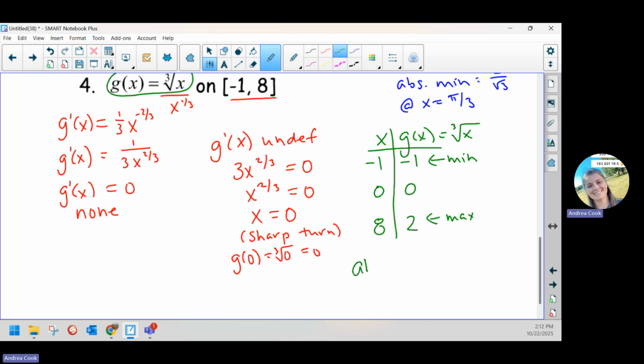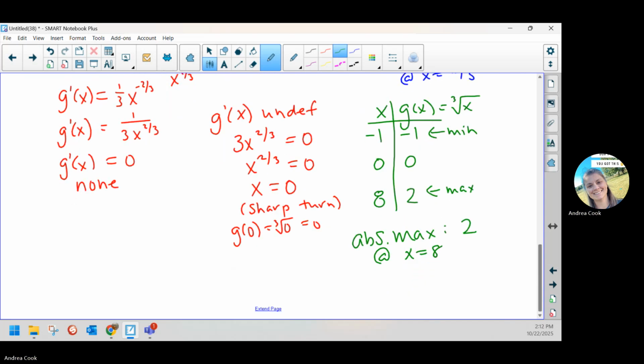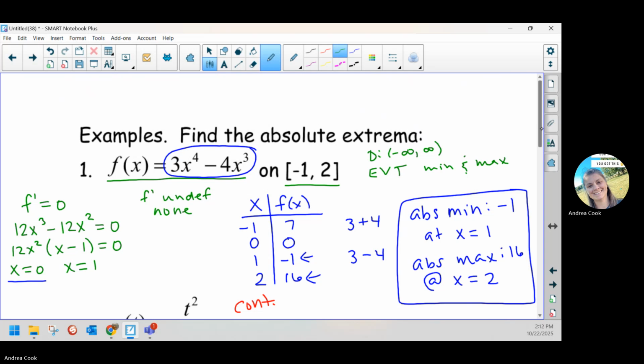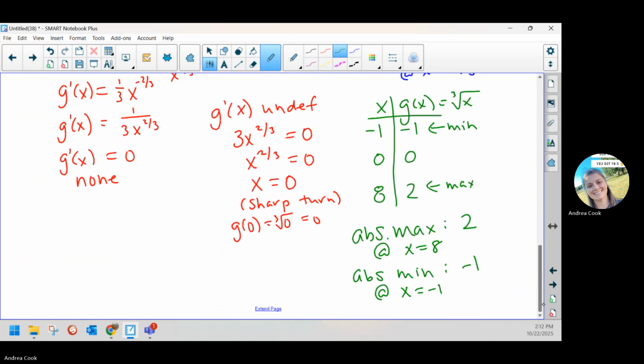So the absolute max is 2, and that happens at x equals 8. My absolute min is -1, and that happens at x equals -1. And that is it for notes.